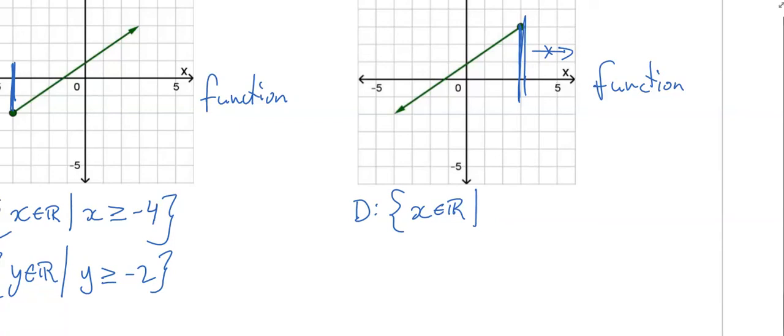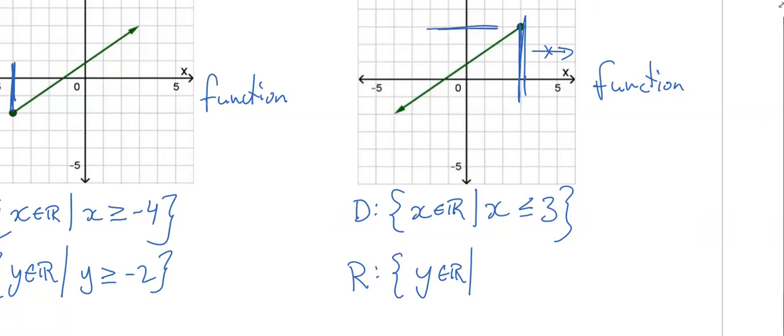X will always be equal to or less than 3. Yeah, less than 3 or equal to 3. Very good. So we say x is less than or equal to positive 3. And the range, y is an element of the real numbers such that, looks the same to me, y is less than or equal to 3.